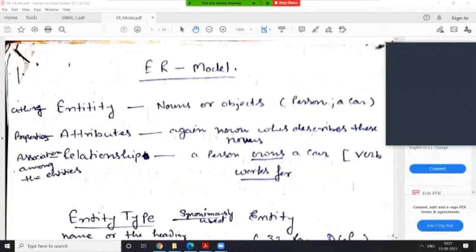Later on you will see in the ER diagram that we use different kinds of representational symbols: a rectangular symbol for entities, an oval structure for attributes, and a diamond structure for relationships. By seeing those rectangular structures, you can easily understand the various entities, and from the oval structures, the various attributes of those entities, and by seeing the diamond structures, you can easily see the relationships among those entities.